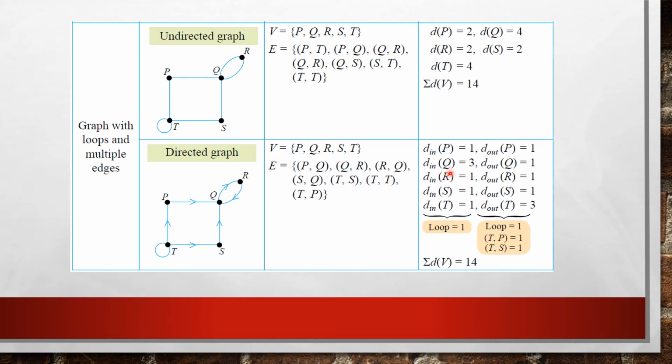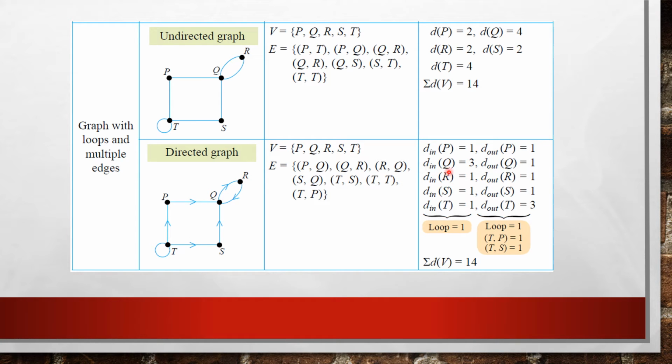For Q, there are 4 lines connecting vertex Q. Out of these 4 lines, 3 lines are coming in, that is SQ, PQ, RQ, and only one line has the arrow going out.